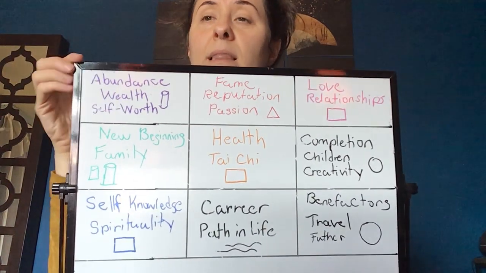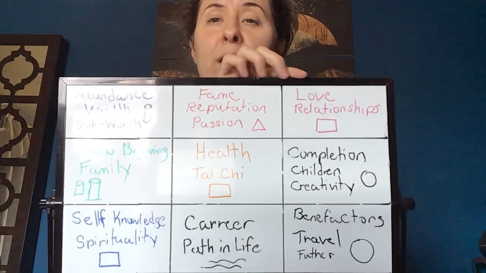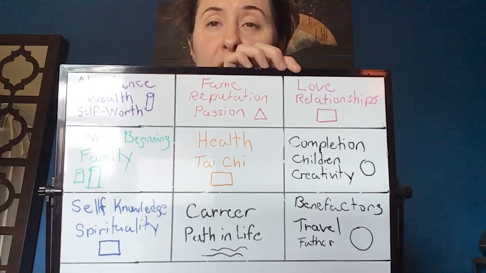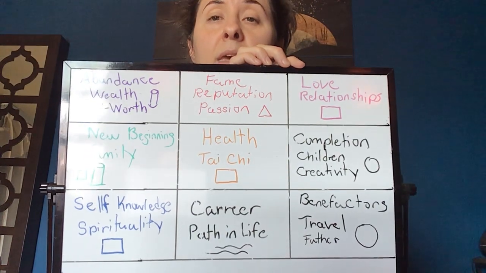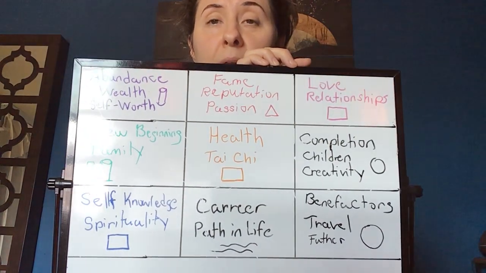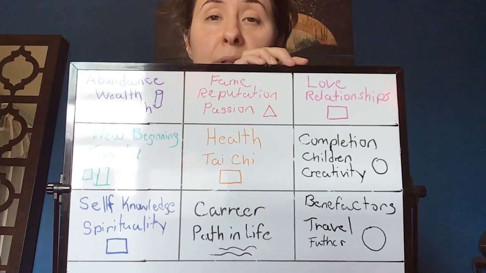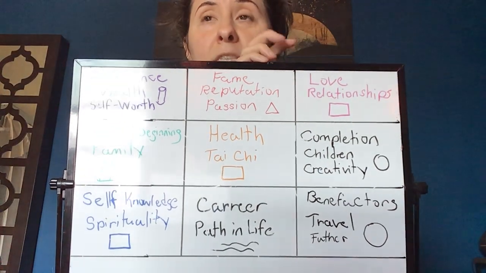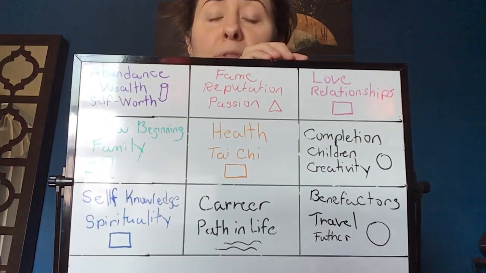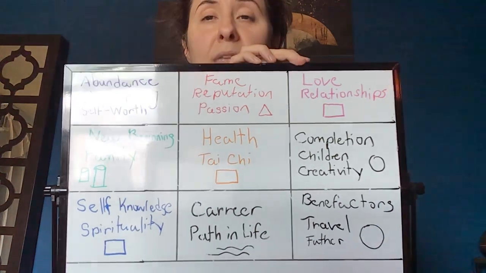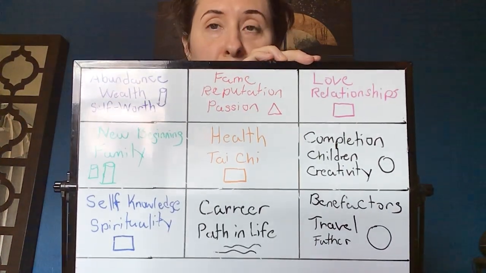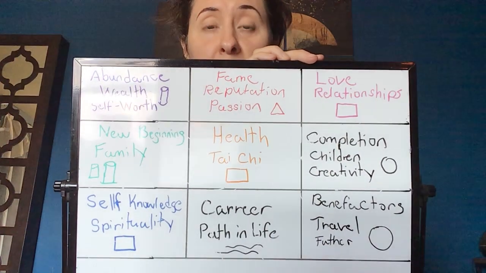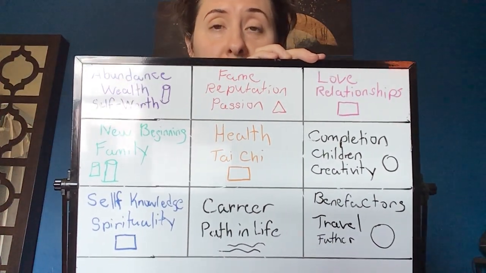And then last but not least, we have love and relationships, which is also connected with the yin form of earth, right? Because think of like the soil. It's very receptive, it's very permeable, it's very flexible. And this is all about giving and receiving, and having very positive romantic relationships as well as other relationships in your life.